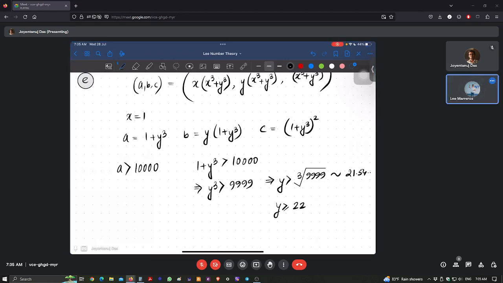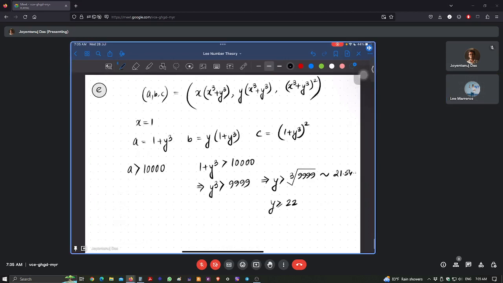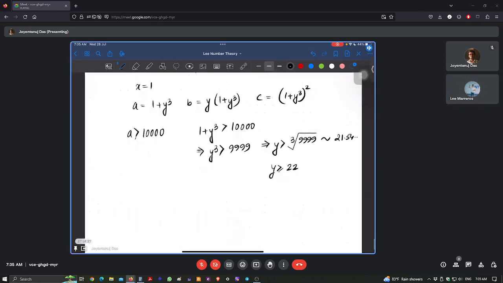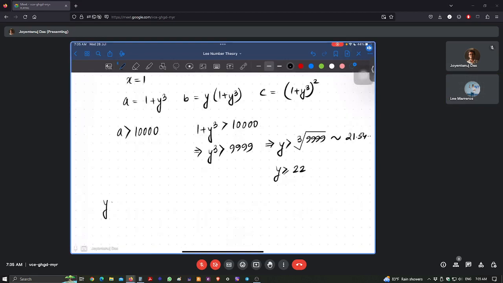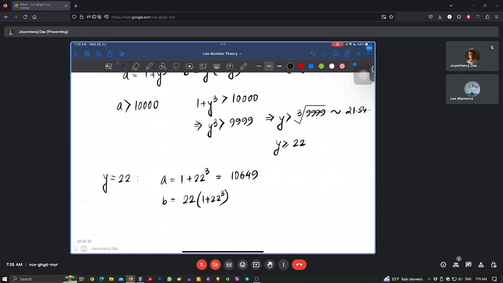So I think this will work. In fact, we can choose y equals 22. Then a will be 1 plus 22 cube, which is 10649. Similarly, you can calculate b: 22 into 1 plus 22 cube, and c equals 1 plus 22 cube whole square.